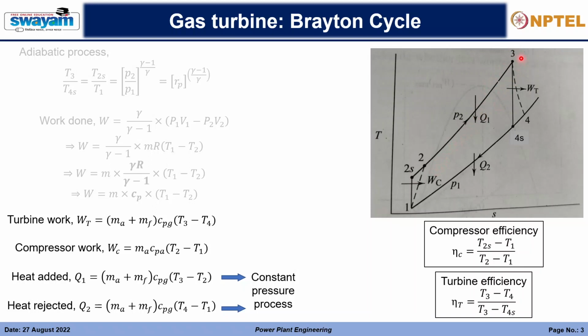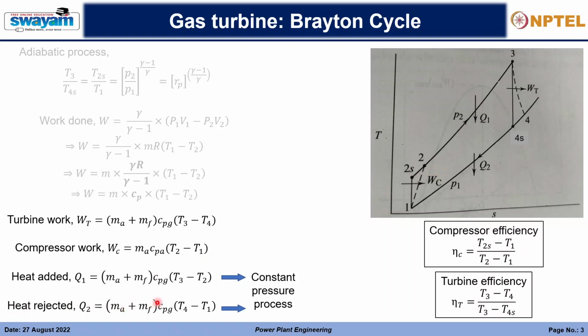But if pressure loss happens, as you might see in a practical case, this curve will shift something like this, not exactly here, but toward decreasing pressure at higher entropy. We are not considering that at this time.